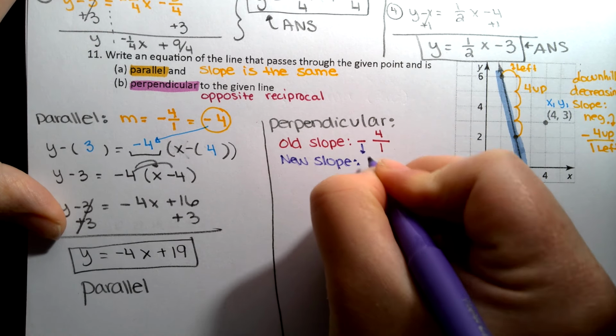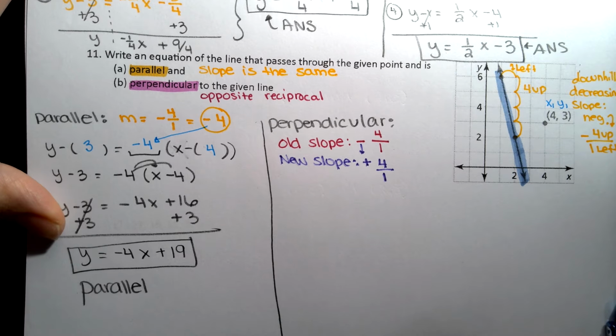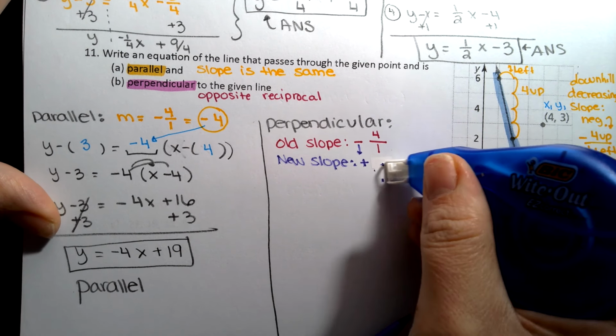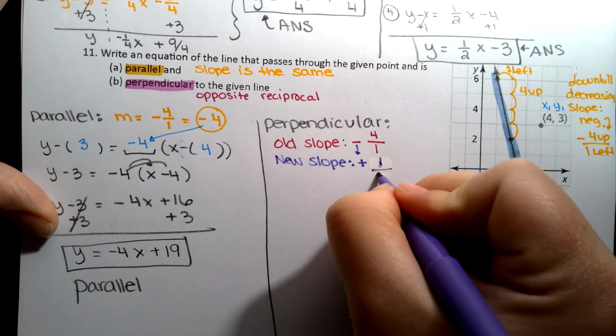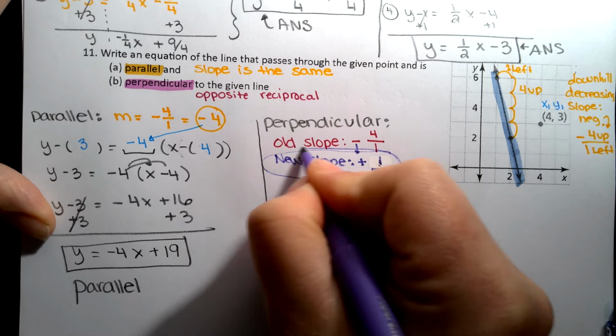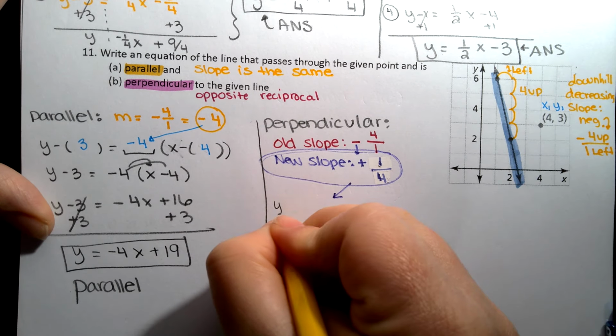So I'm changing that negative into a positive, and I'm flipping that 4 and 1, making the 1 on top and that 4 on the bottom. This new slope is what I need to use in my equation to solve.